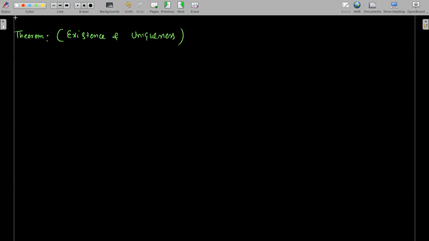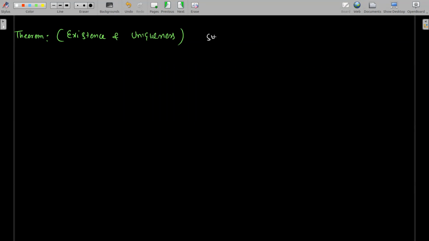You can use any notation, but here I am using dy by dt, or I am writing y dash. So y is a function of t. You can write dy by dx, but I will write dy by dt.